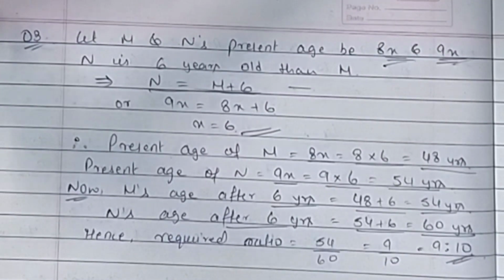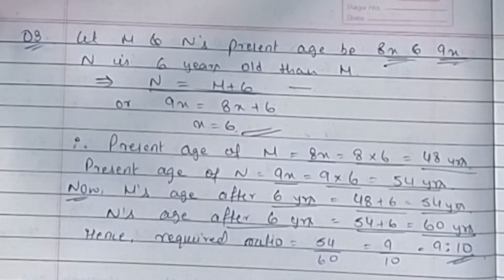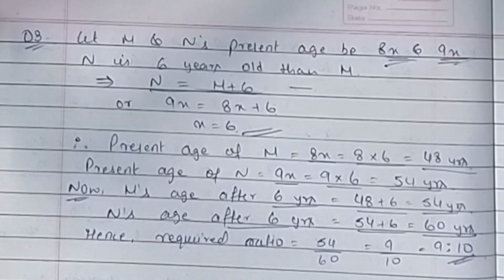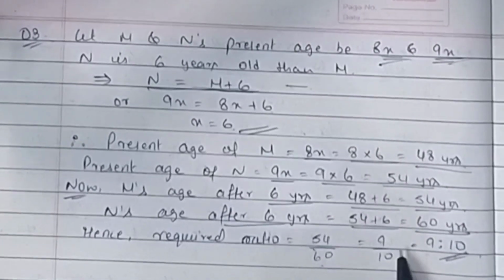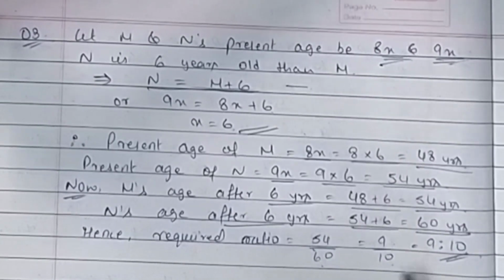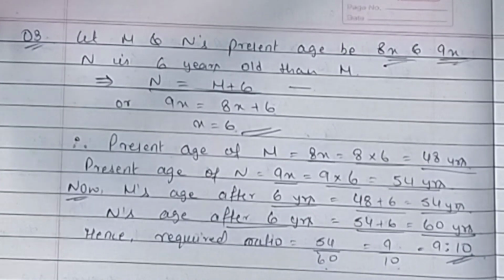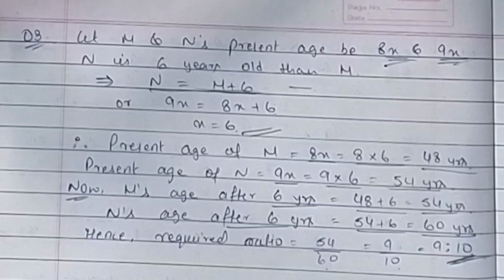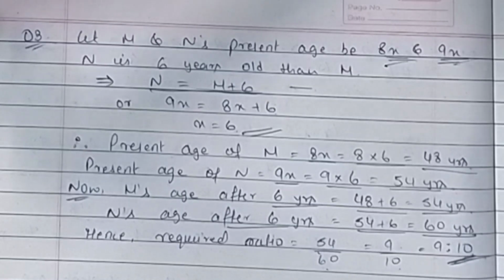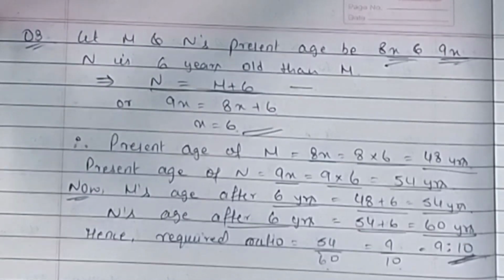So m and n's ages after 6 years will be 54 and 60 years. Hence the required ratio becomes 54 by 60, which equals 9 by 10, and in ratio format it becomes 9:10. Hence the required answer is 9:10.